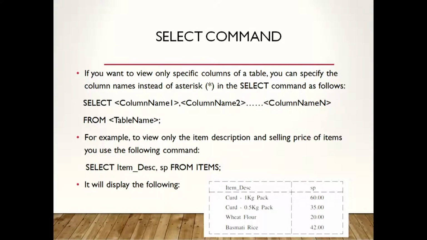For example, to view only the item description and selling price of items, you can use the following command: select item description, comma, SP. Now also you have to notice that the SP which we used earlier was in capitals and now we are using lowercase. So both of these behave the same in SQL. So select item description, sp from items. It is going to give you this table as the result.